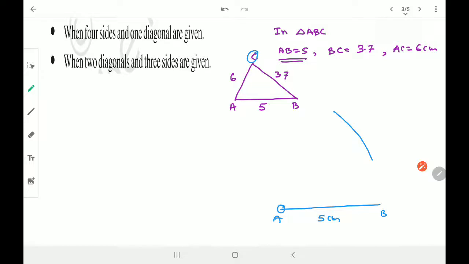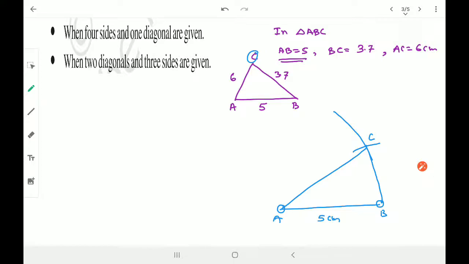Now I keep my compass on B, taking distance 3.7, and cut this previous arc. If the arcs are not able to cut, you can extend them. Where the arcs cut, that is my C point, and I will join these lines to get the required triangle. Is this clear?